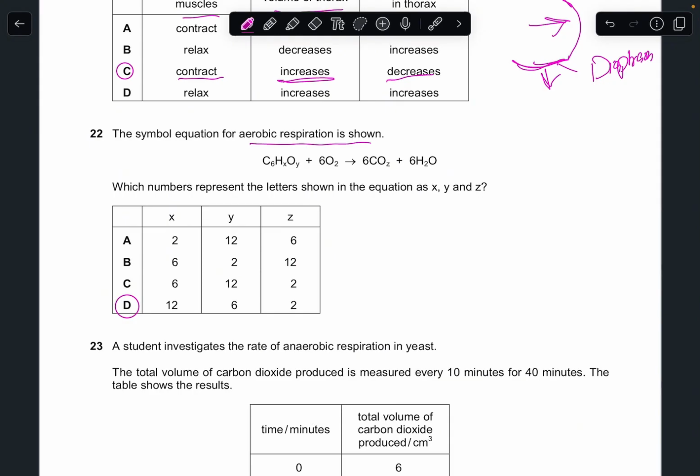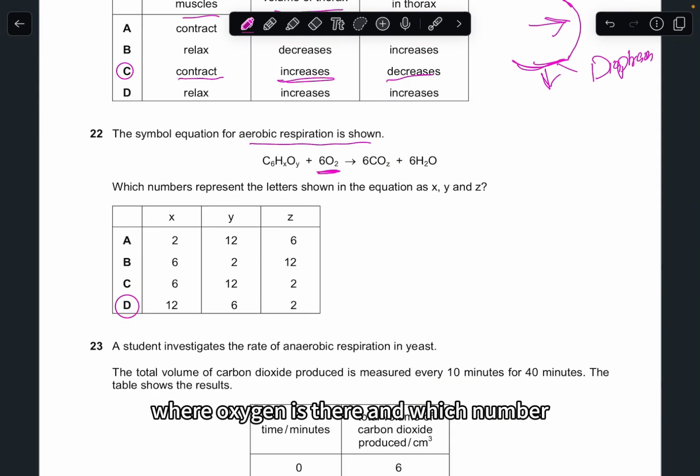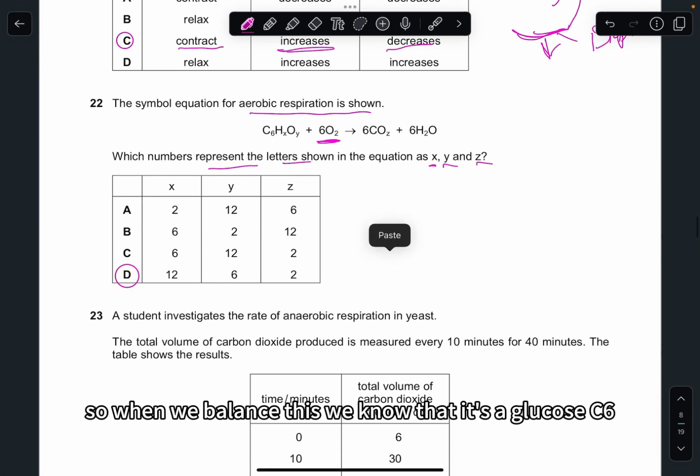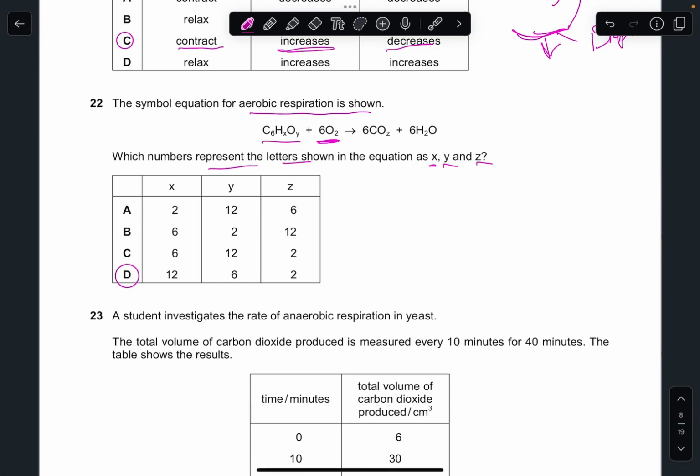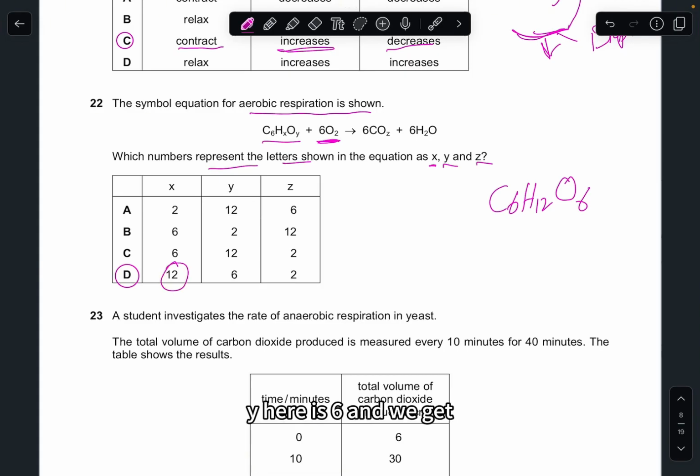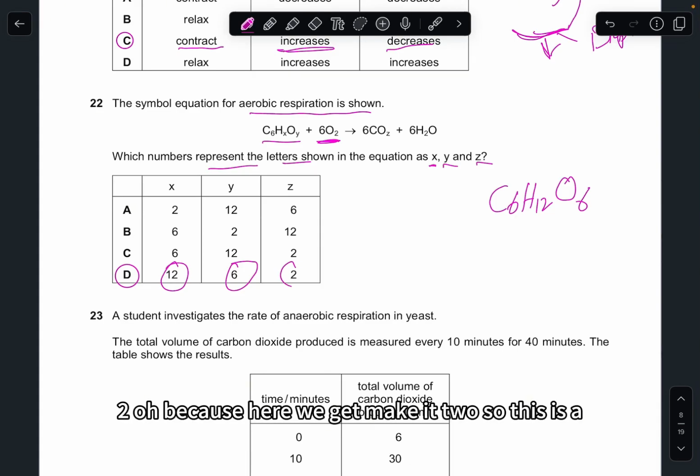The next question is aerobic respiration, respiration where oxygen is present, and which numbers represent the letters X, Y, and Z. When we balance this, we know that glucose is C6H12O6. So X here is 12, Y here is 6, and we get 2O.